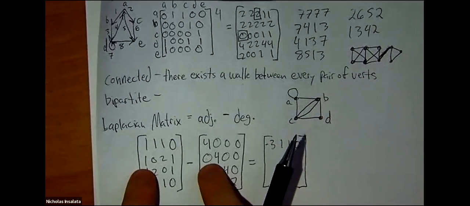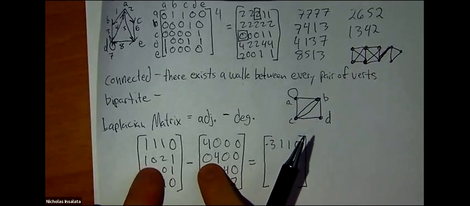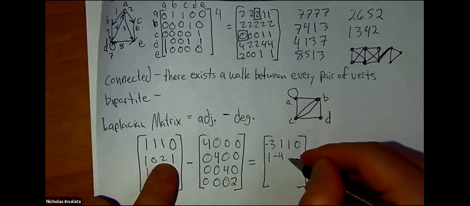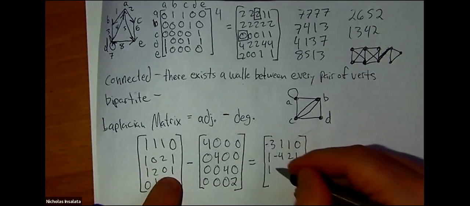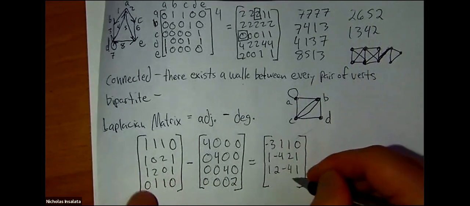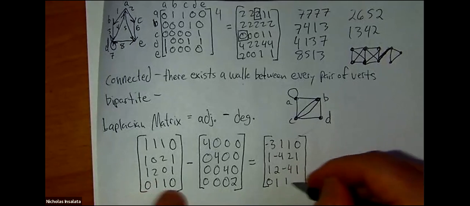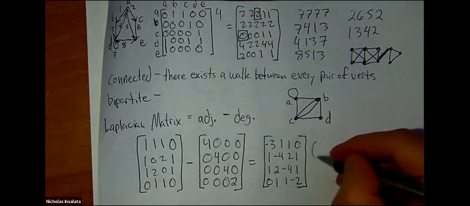Remember, I just subtract things from the same spots. So 1, -4, 2, 1. 1, 2, -4, 1, and 0, 1, 1, -2. And this is called the Laplacian matrix.